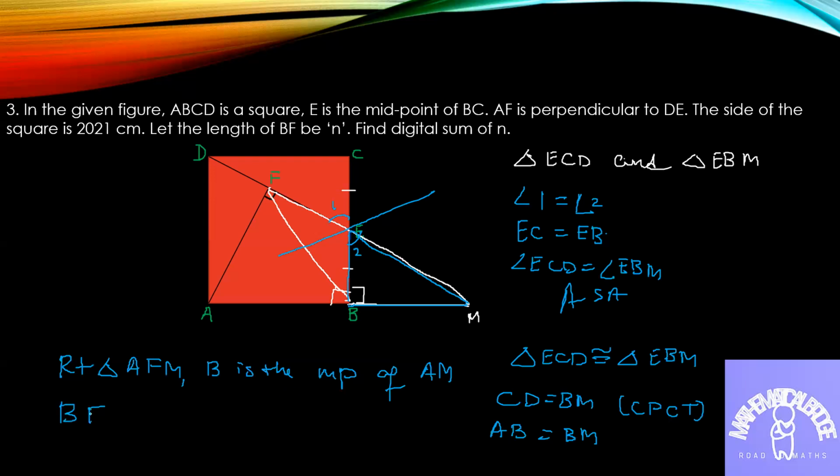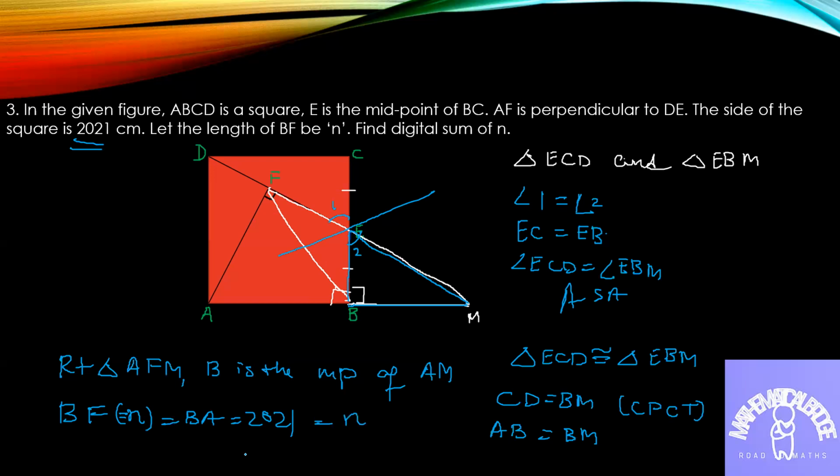Therefore, BF, which is equal to N, is nothing but BA. And it was given that the side of the square is 2021 centimeters. This means BA is equal to 2021 centimeters, which is equal to N.